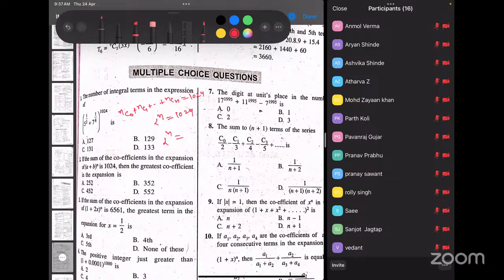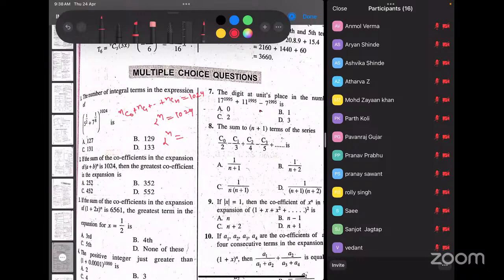What will be the answer? No one is telling.